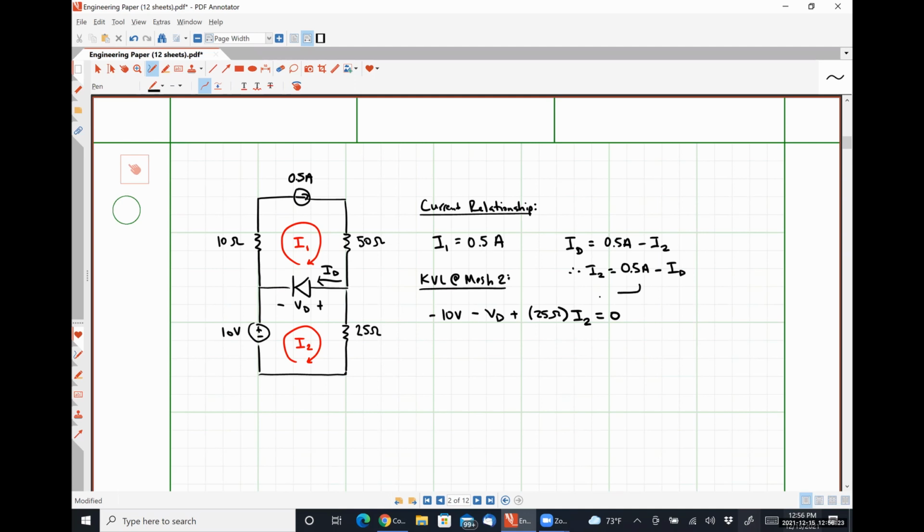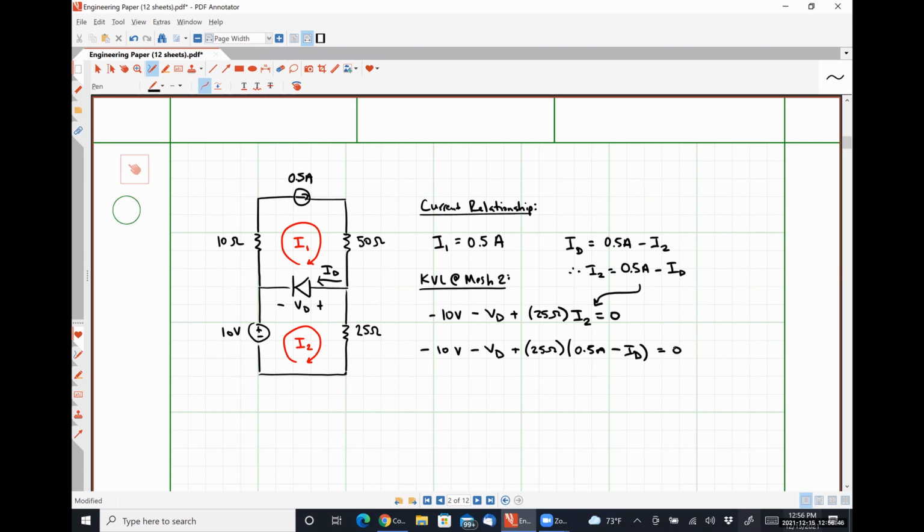Substitute that relationship in right here, which yields negative 10 volts minus VD plus 25 ohms times (half an amp minus ID) equal to 0.